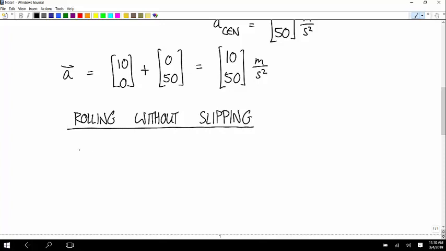Okay, so we're going to use two facts about this. The first one is, and these both relate to the center of the wheel or the thing that's rolling, the center of the rolling object.